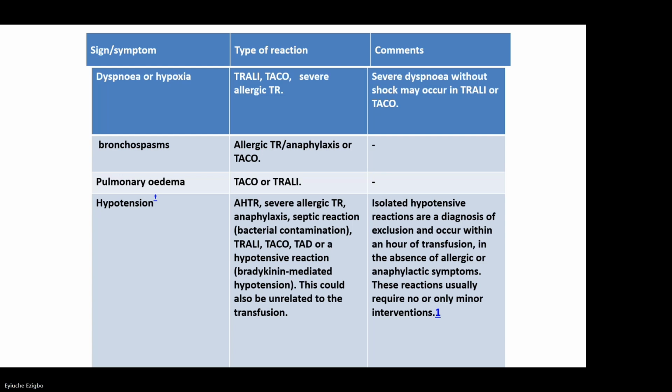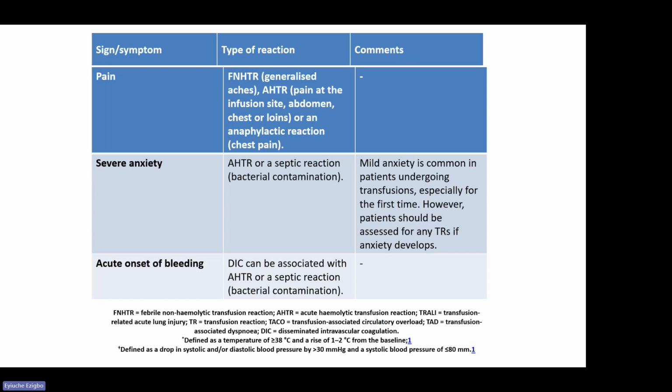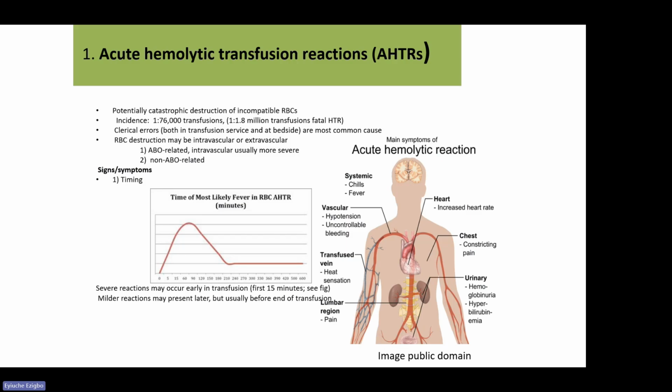As it continues, we also have pain as a symptom, severe anxiety, and acute onset of bleeding. DIC can be associated with acute hemolytic transfusion reaction or septic reaction. We will take these transfusion reactions one by one for more details.